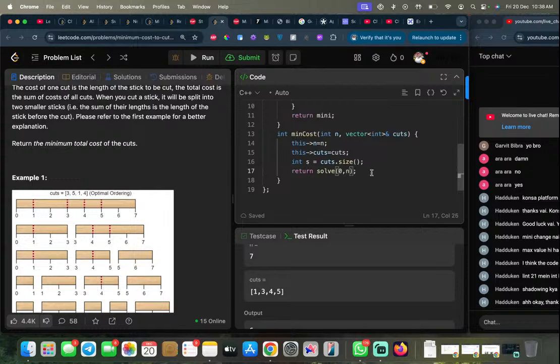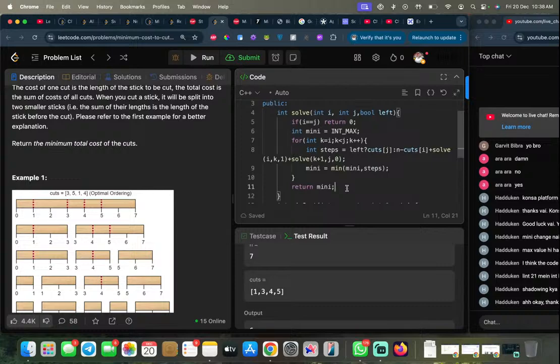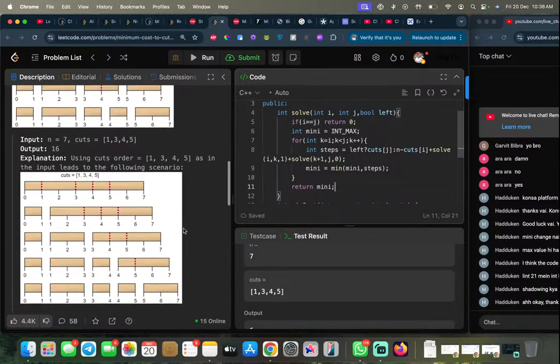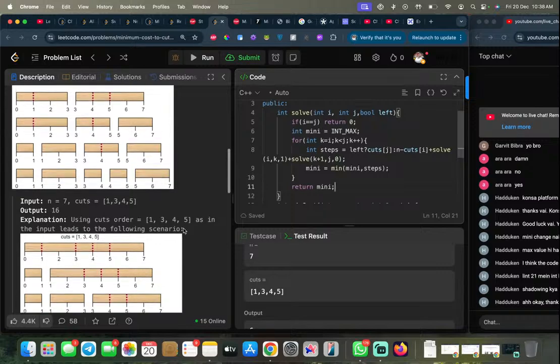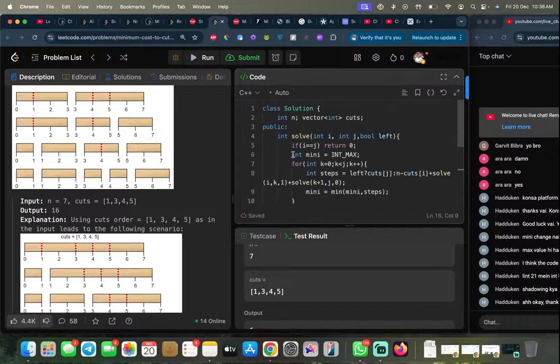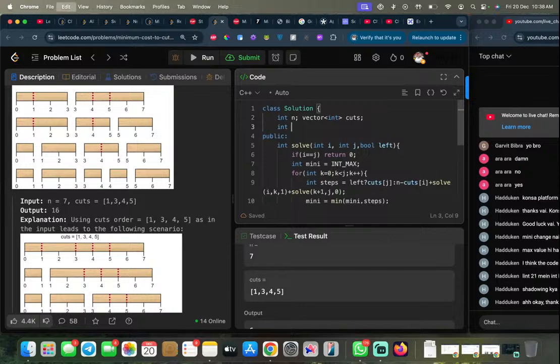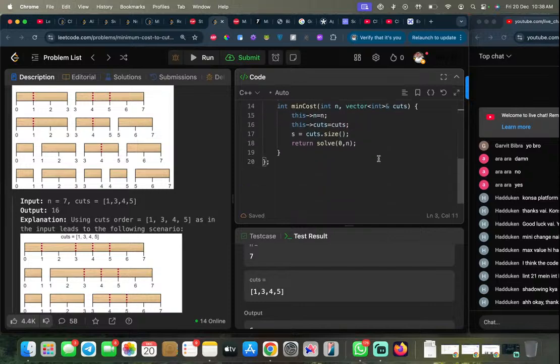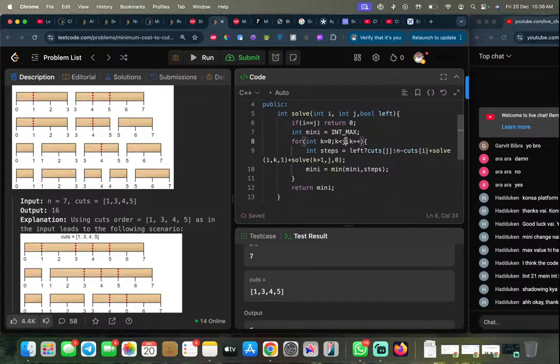Okay, a is equals to 0, k smaller than s, k plus plus, okay?